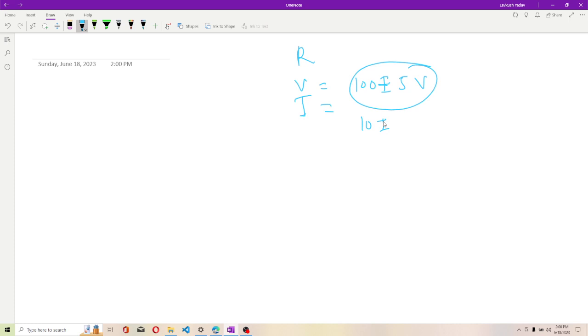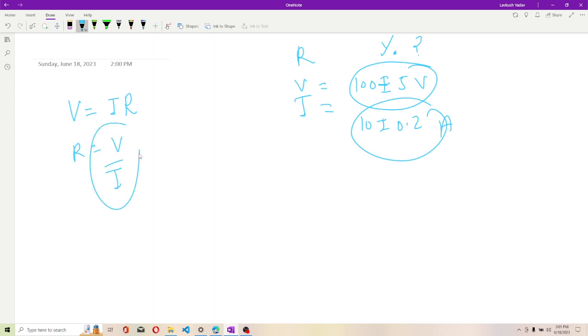V is equal to I into R. So we know that R is equal to V upon I. So R would be equal to 10. Now you have to calculate 5 upon 5 divided by 0.2.